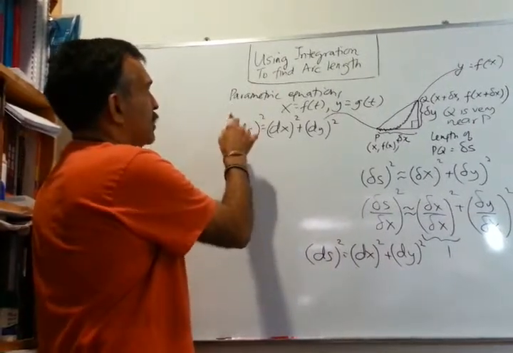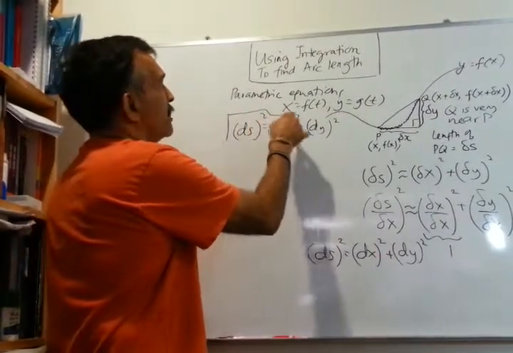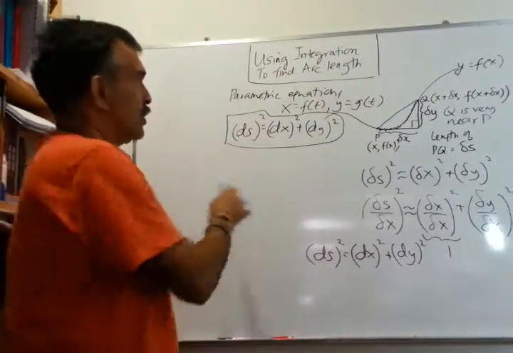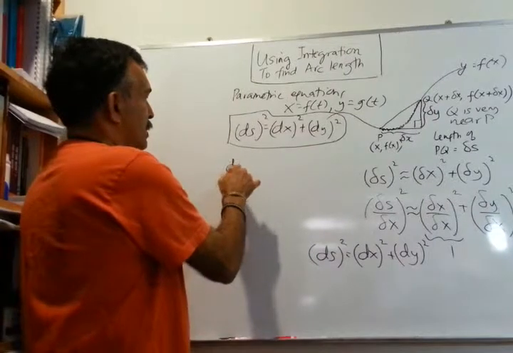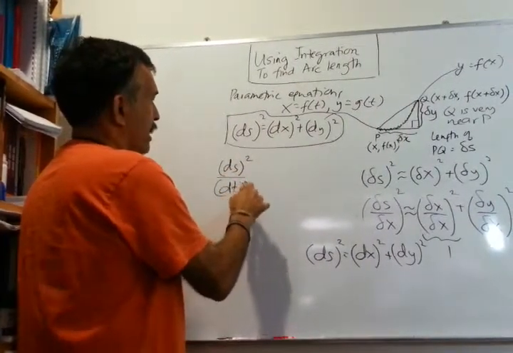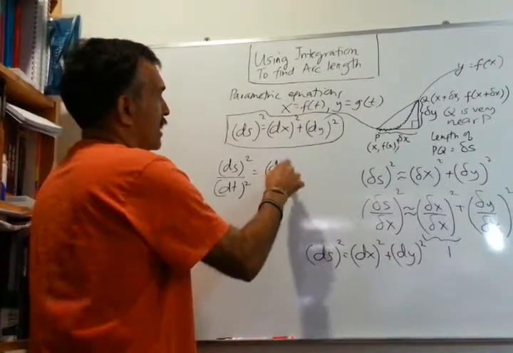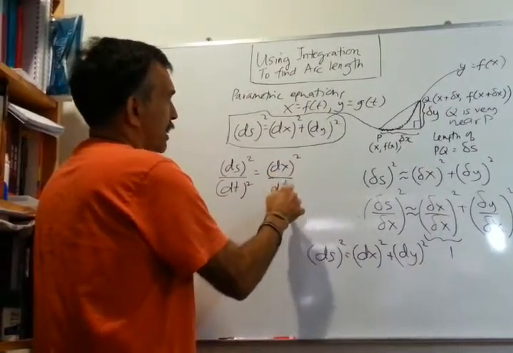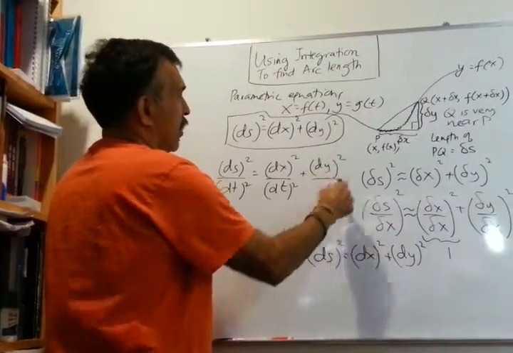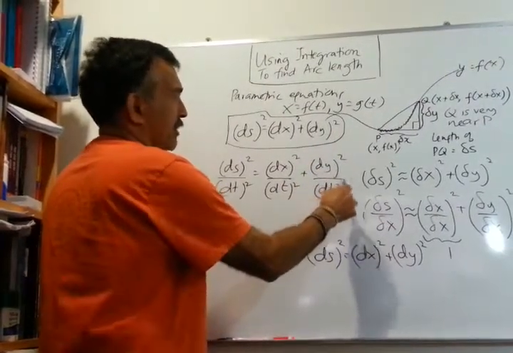That's why I said this is a very important idea, and it's quite easy to remember. So I have ds squared over dt squared equals dx squared over dt squared plus dy squared over dt squared.